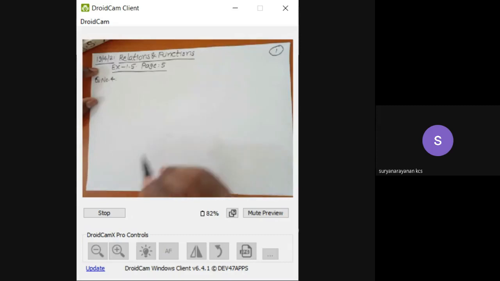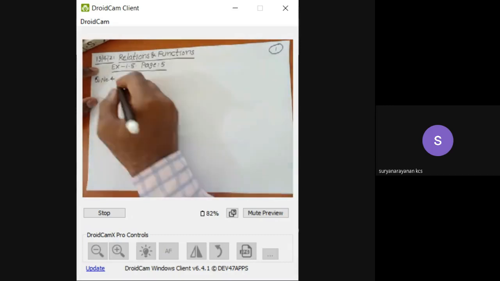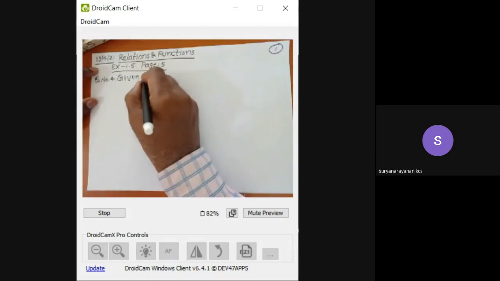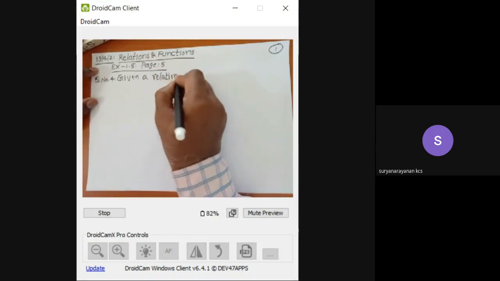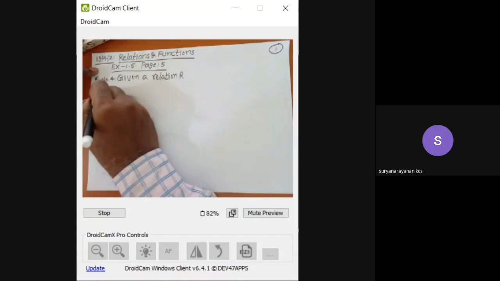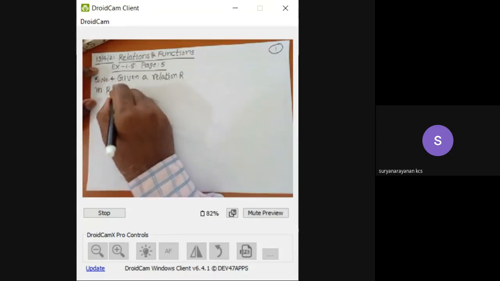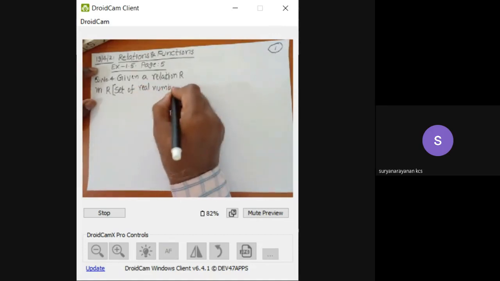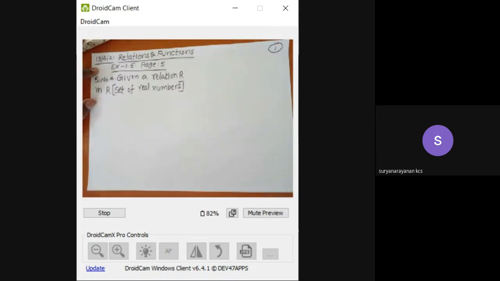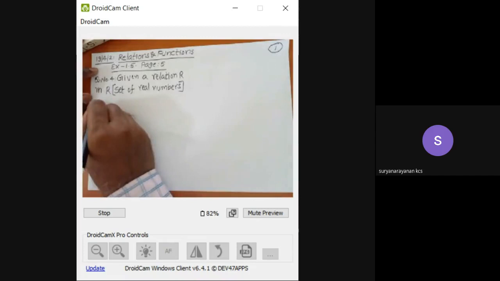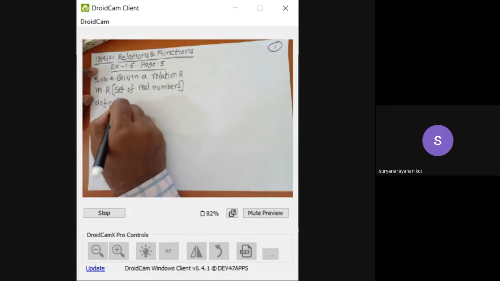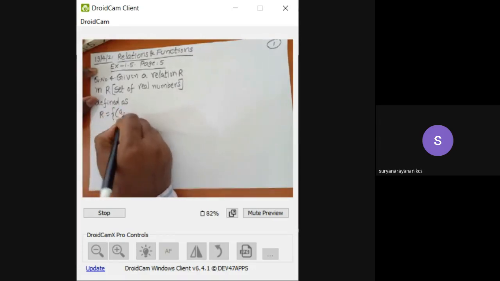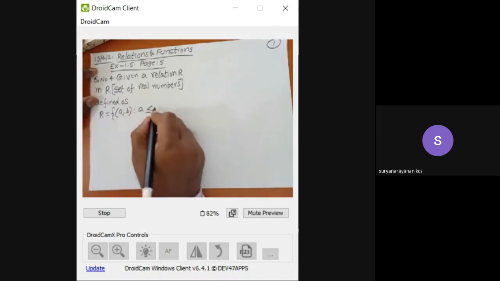Okay, my children. First of all, a relation R in R, here capital letter R denotes a set of real numbers, defined as R is equal to set of all ordered pairs.